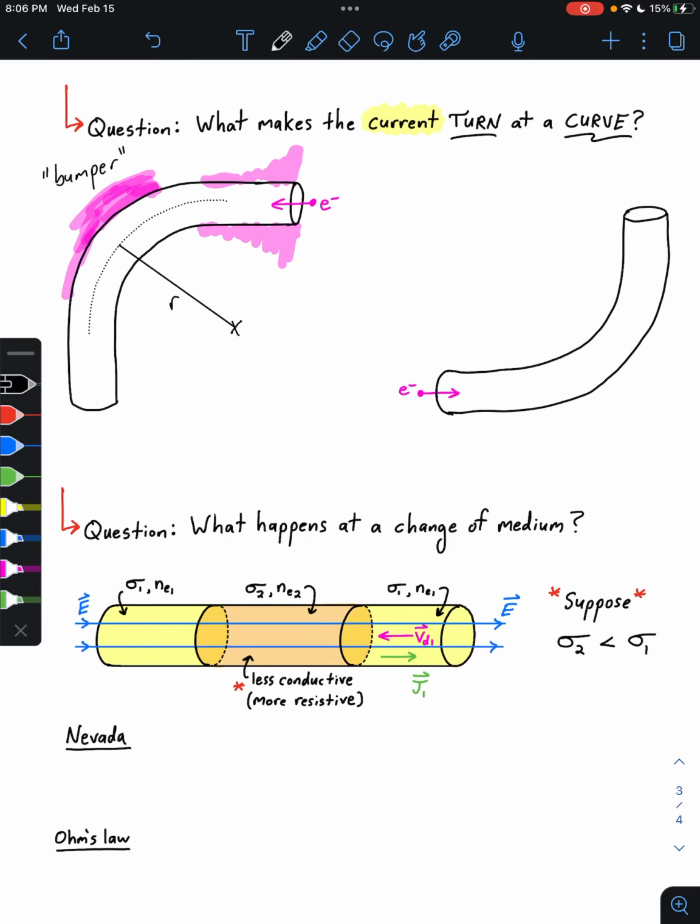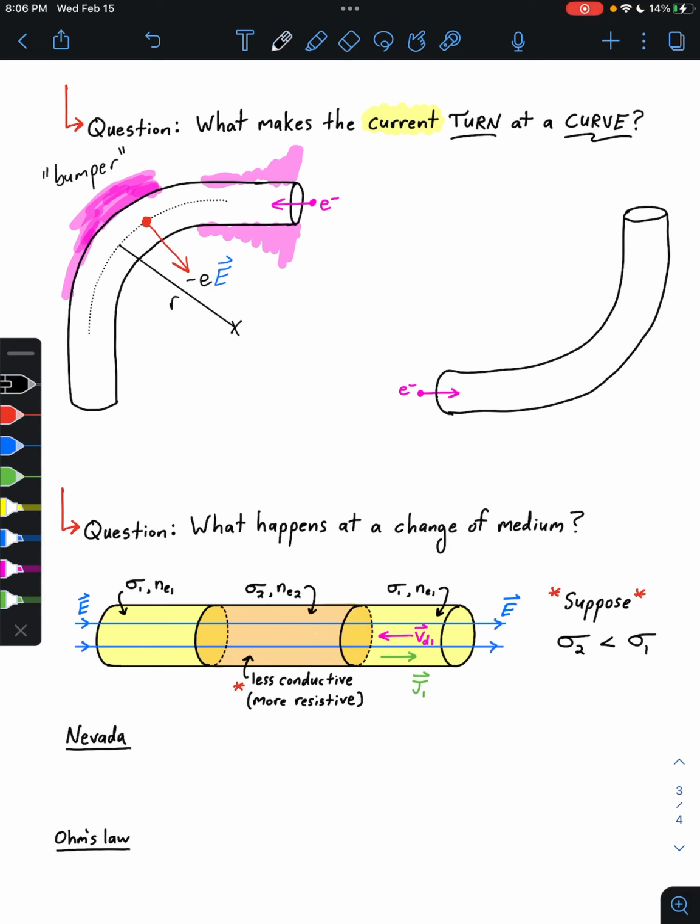A buildup of negative charge that's going to generate an electric force pointing towards the center of this circular arc, the electric force on incoming electrons being opposite the direction of the electric field produced by this bumper.